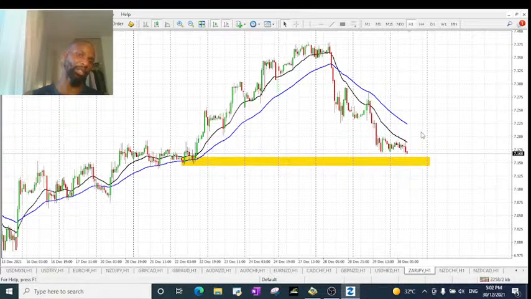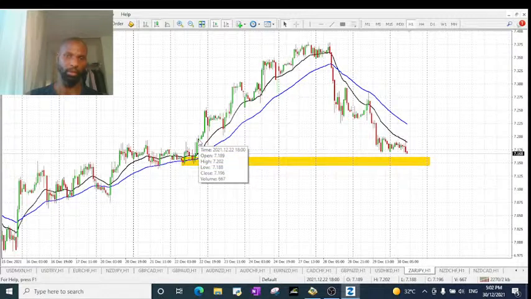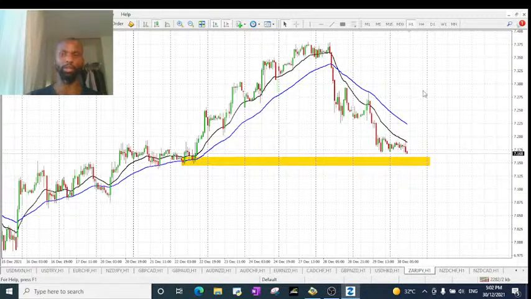And if you do your statistical studies, you will know that it pays to be on the side of the moving averages. If you are taking buys, the highest probability of wins are if you are taking buys on this side. And if you are taking sells, you make sure you are doing them on this side of the moving average. So I'll just leave it at that.